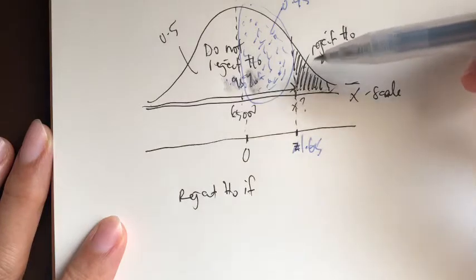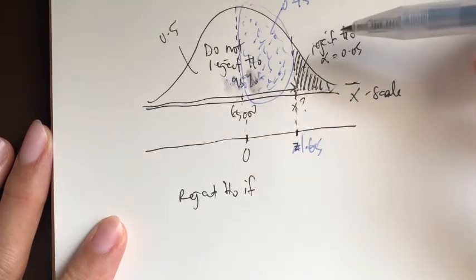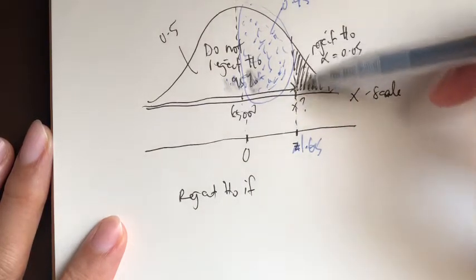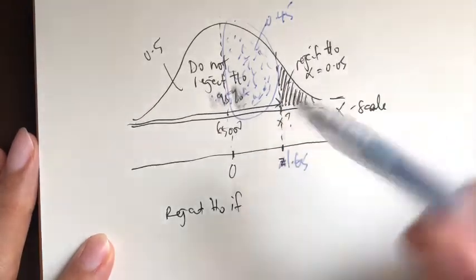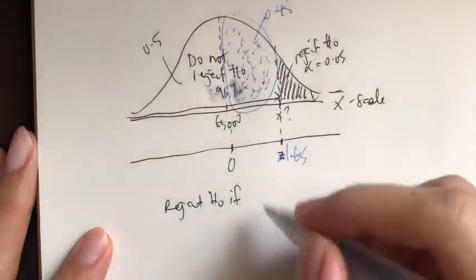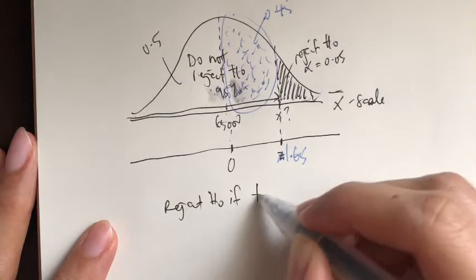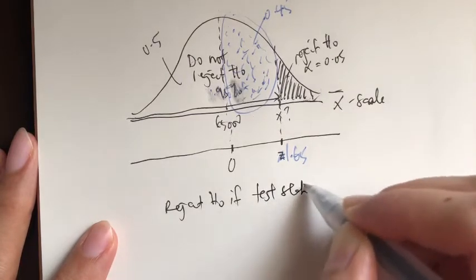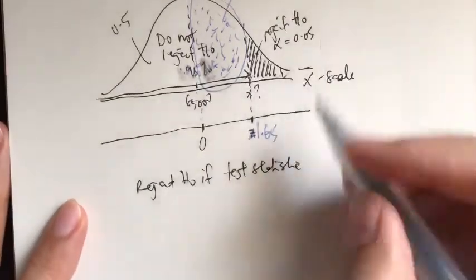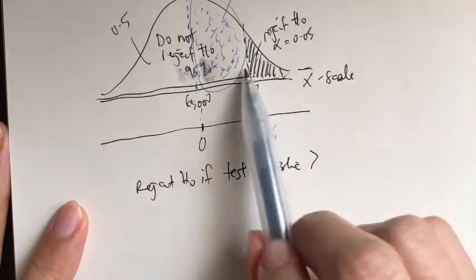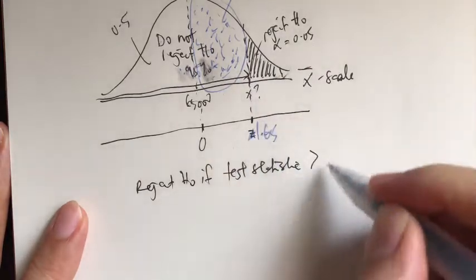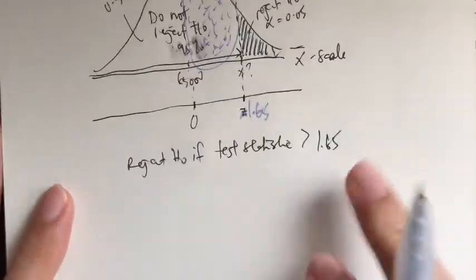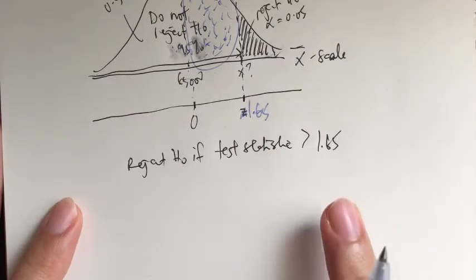I already mentioned to you just now, we are going to reject the null if our test statistic falls here, right? So that's basically what we're going to write. We reject the null if the test statistic is greater than the critical value, 1.65. So that's basically how we write the decision rule.